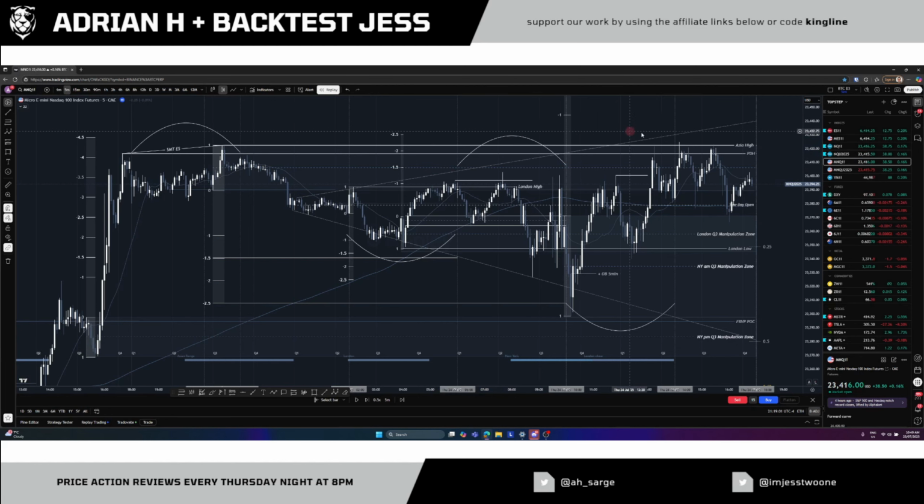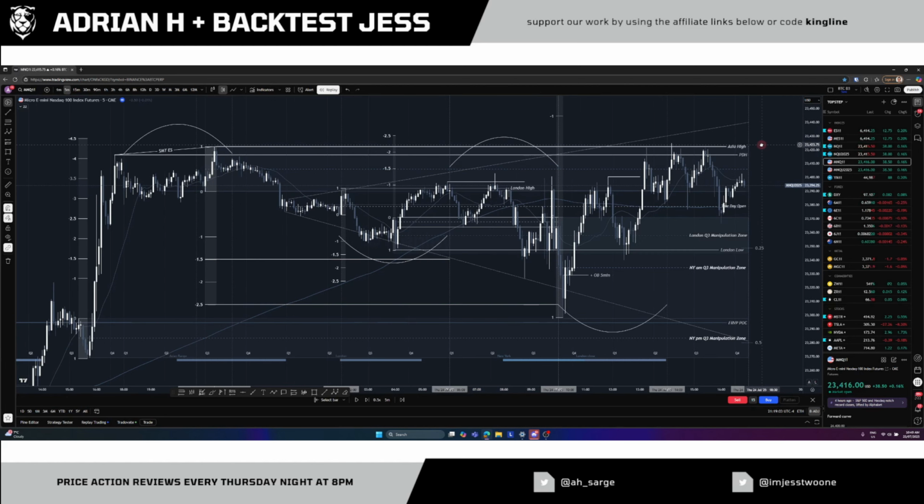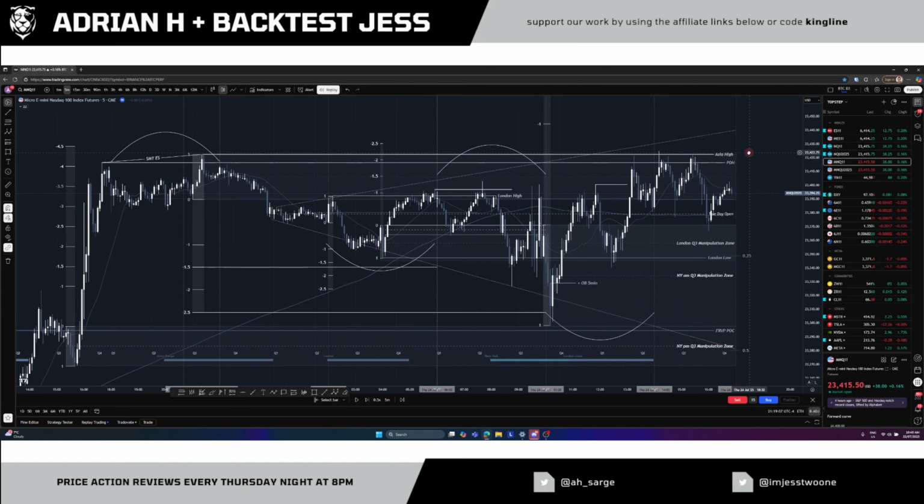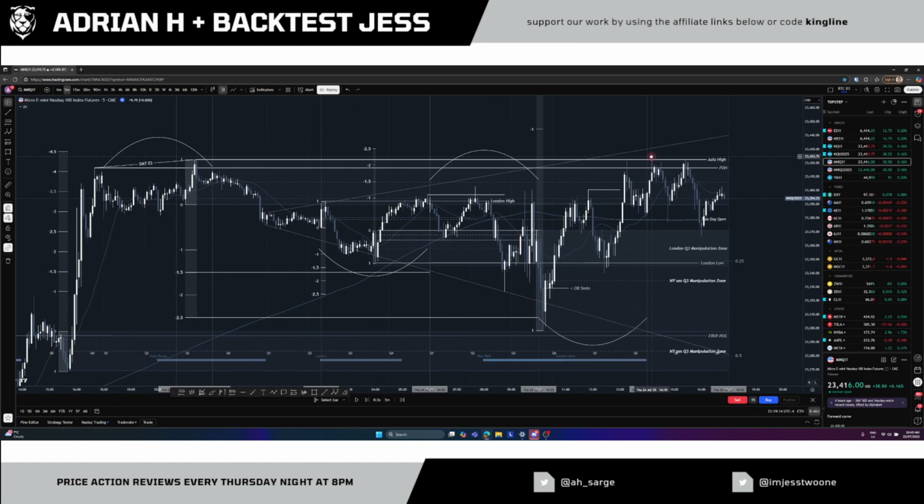So I'm anticipating tomorrow is going to be much cleaner than the rest of the week. We get that break of the high, and then we can watch the order blocks that had taken the high for the flip.